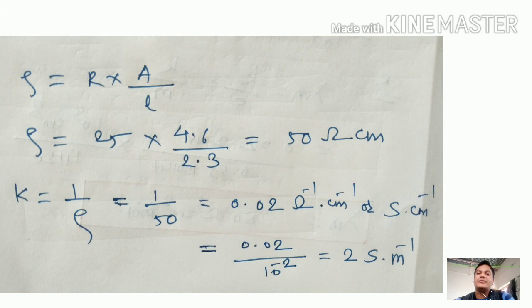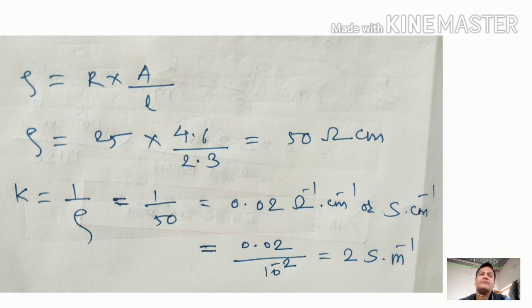Now just put in the specific conductance equation, K is equal to 1 by rho, that is 1 by 50, because the value of rho is 50. So it is 0.02, remember the unit, per ohm per centimeter, or simply Siemens per centimeter. And if you have to convert into per meter, just divide it by 10 raised to minus 2. So it is 0.02 upon 10 raised to minus 2. It will give simply 2 Siemens per meter. So that is about the specific conductance. In this way you can calculate specific conductance.